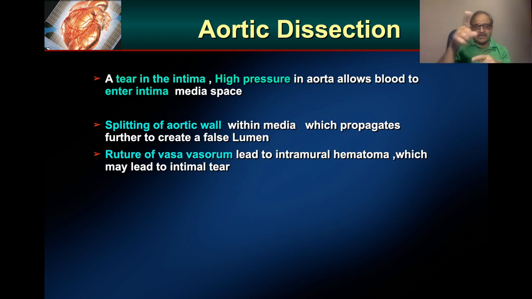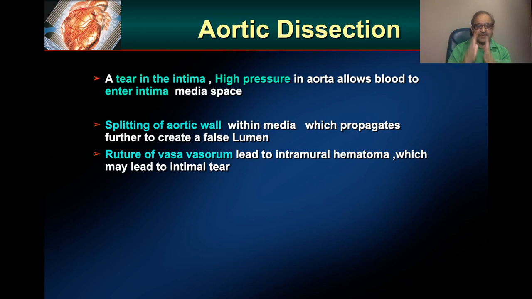And then it keeps on progressing and involving the ostia of the branches of the aorta, or it may progress proximally, may involve the coronary ostia or the pericardium, leading to various complications.